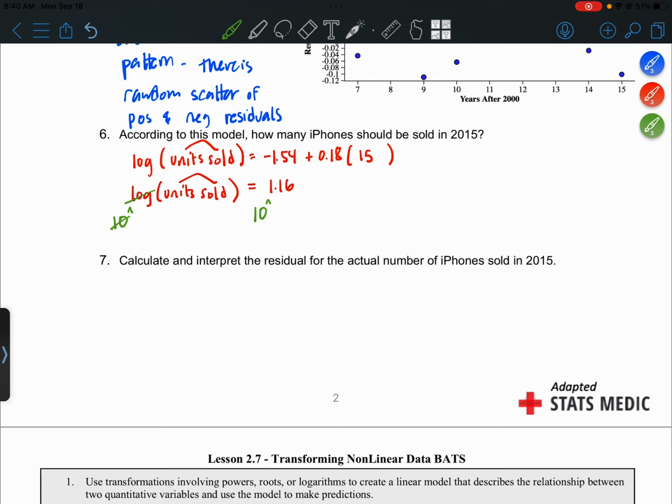So base 10 cancels the common logarithm. And so now we're going to have predicted units sold equals 10 raised to the 1.16, which is approximately 14.45. Okay. And that is the actual prediction that we want. There's 14.45 million iPhones, okay, predicted to be sold in the year 2015.